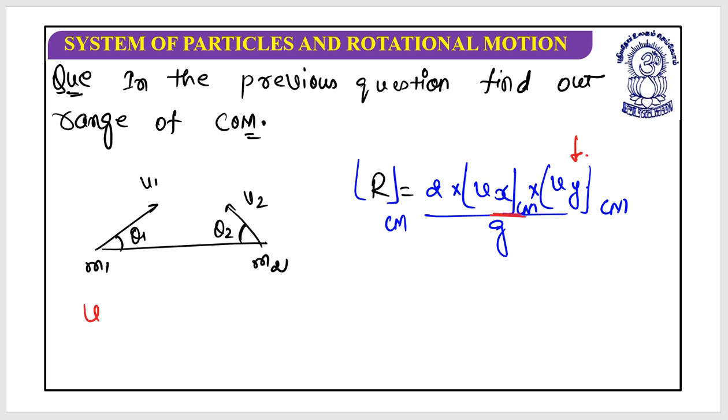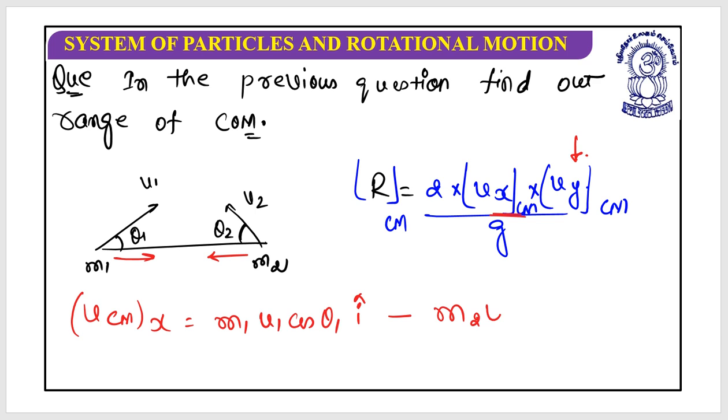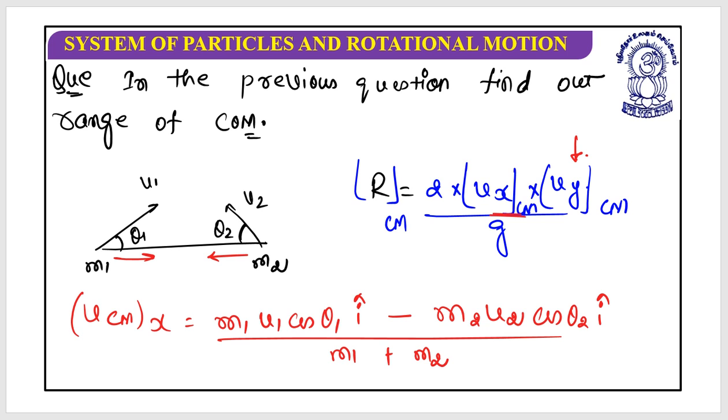So for the UCM in x direction, what you need to do is m1 u1 cos theta 1 I cap minus. Why minus? Because it is moving in this direction. This is equal to minus of m2 u2 cos theta 2 I cap, divided by m1 plus m2.